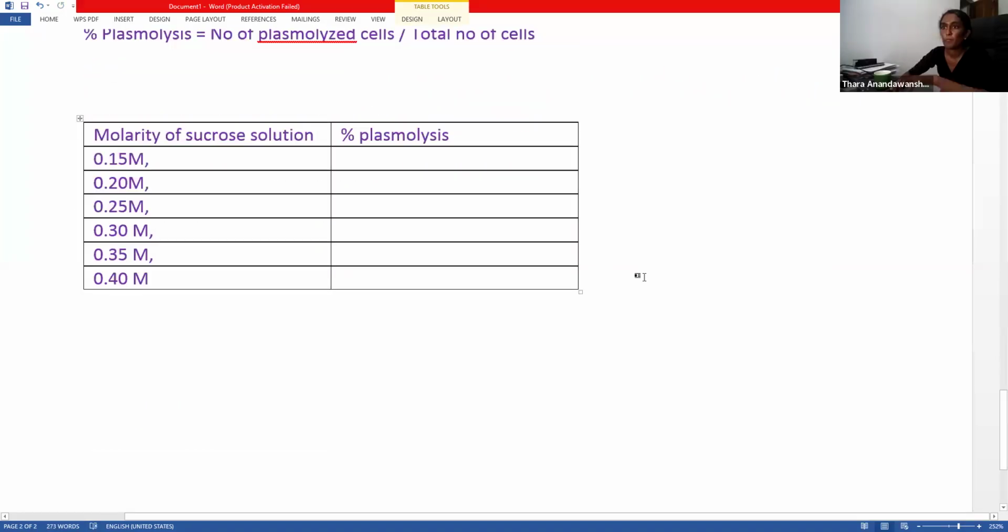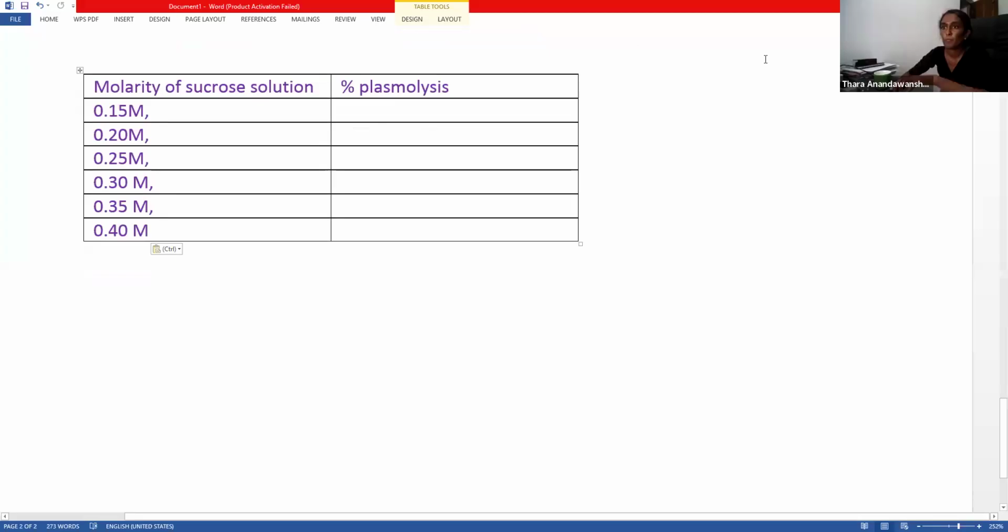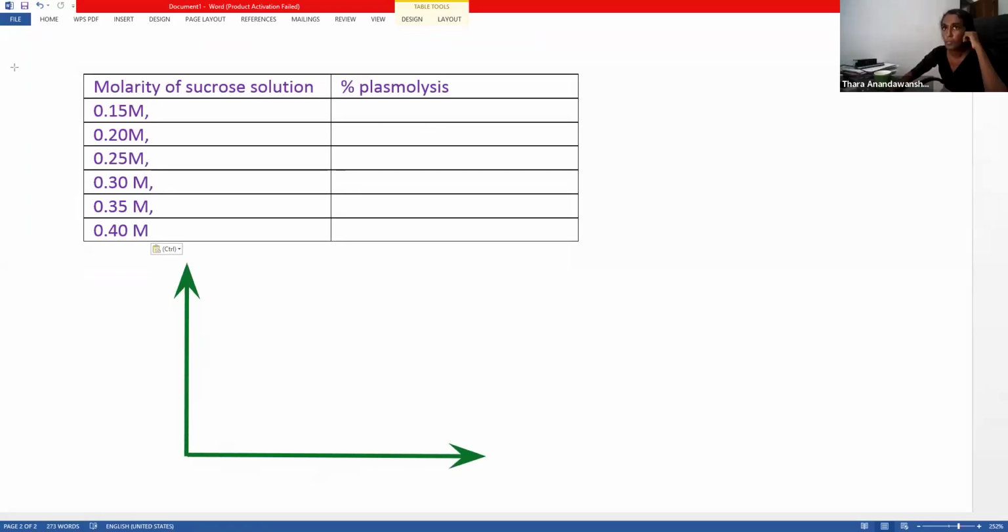After this, we are going to draw a graph. Can you tell me what comes on the x-axis and what comes on the y-axis? Here it is the y-axis, here it is the x-axis.